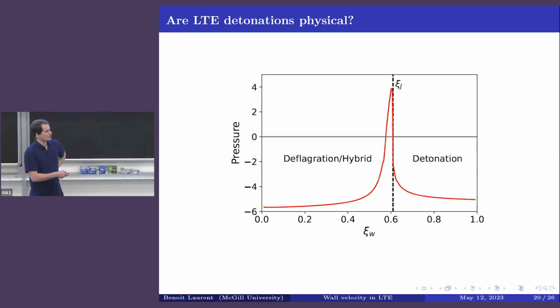The pressure will always be equal to the detonation solution at some point for a hybrid or deflagration solution. So in a realistic situation where the wall velocity starts at 0 speed, it will slowly accelerate until it reaches the first solution that it can reach, which will be the deflagration or hybrid one. So it will never be able to reach the detonation. Basically, we don't need to take this detonation into account. We will only be interested in deflagrations or hybrids.